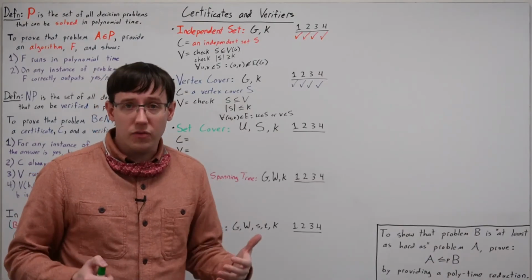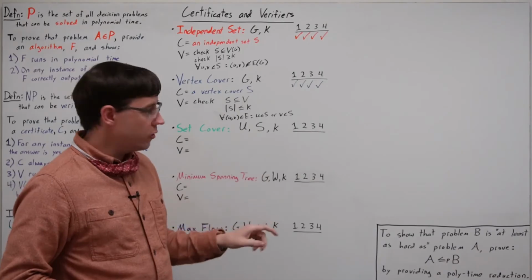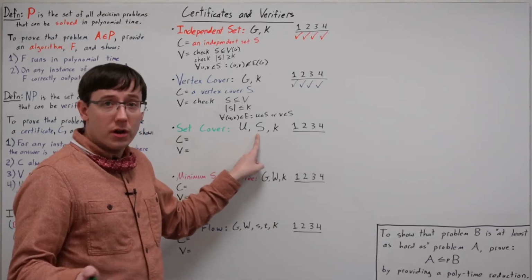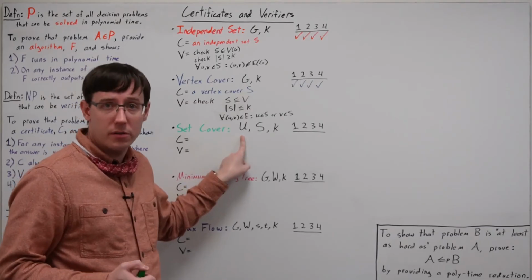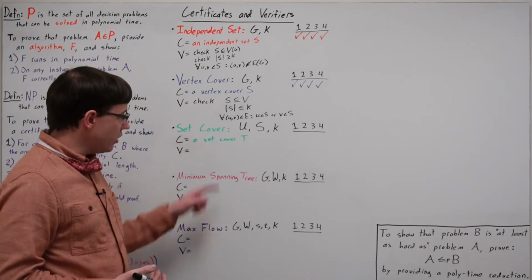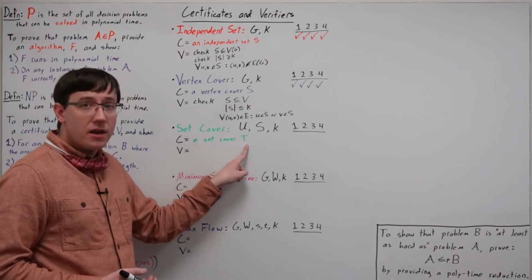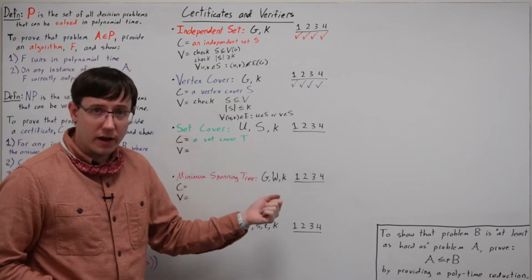Likewise, for set cover, our certificate proving that the answer is yes could be the collection of subsets that has appropriate size and covers all the elements. And our verifier needs to check that the thing we have given is in fact a set cover of appropriate size.